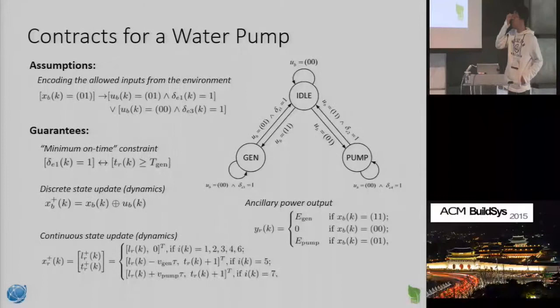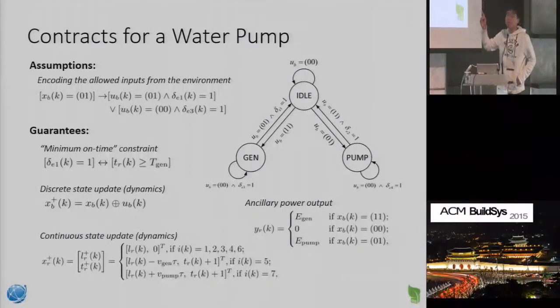And let's express the behavior of the water pump over a future horizon by converting this discrete hybrid automaton into sets of mixed integer linear equations as shown here. The assumptions made here use these constraints.